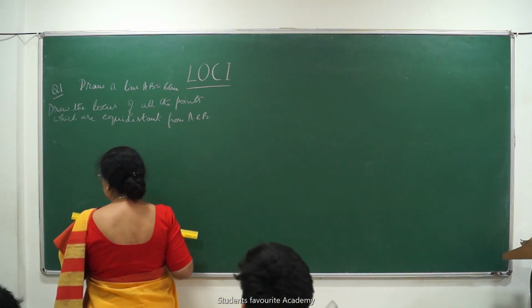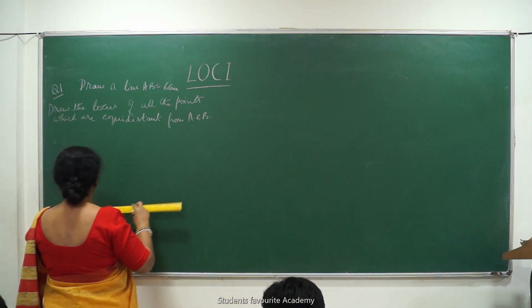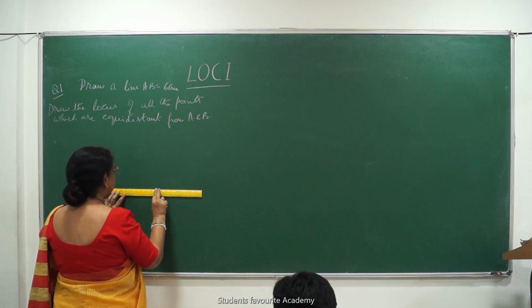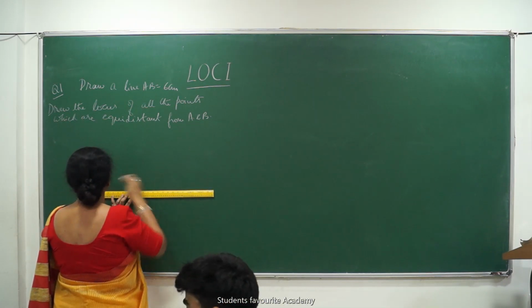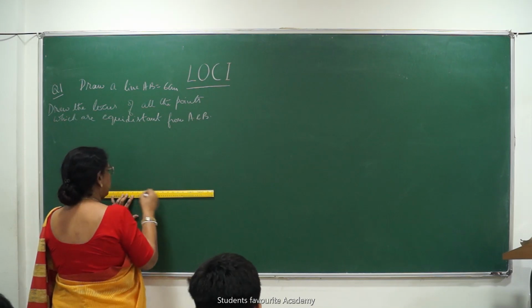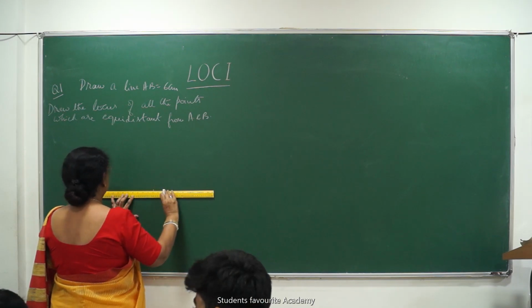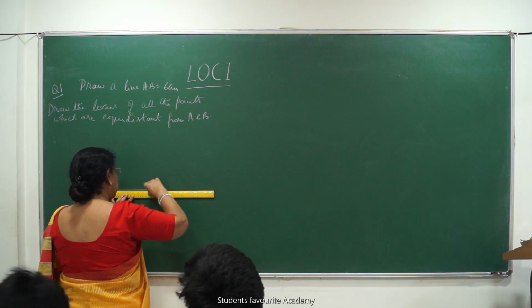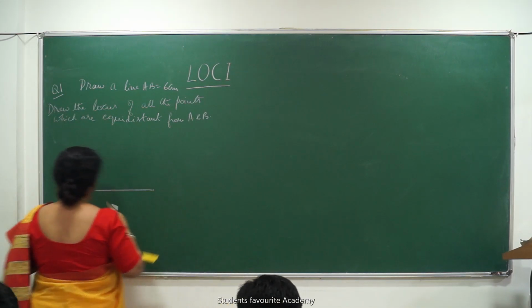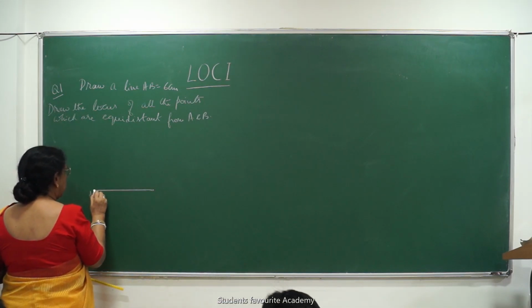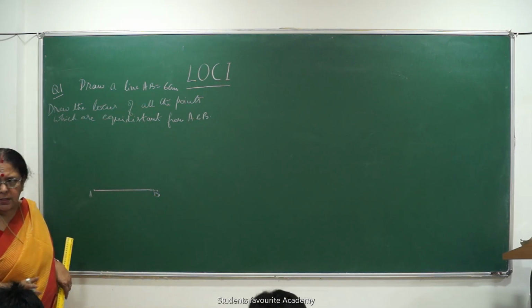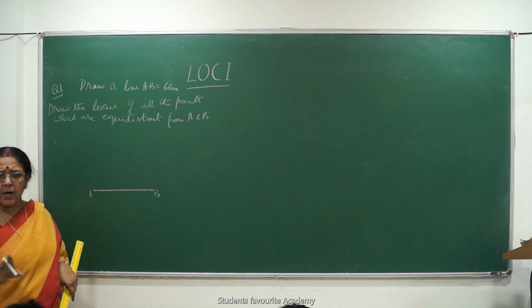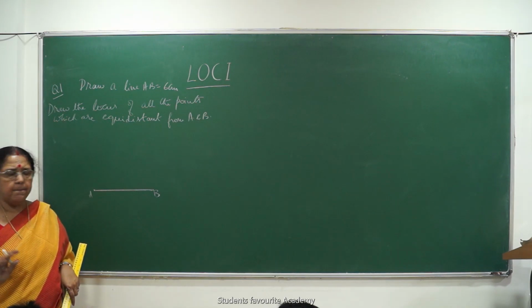So AB is 6 centimeter. Draw AB straight line. I am taking in inches and double so that you can see clearly. A, B. It should be very neat, no double lines, no double arcs. Okay?